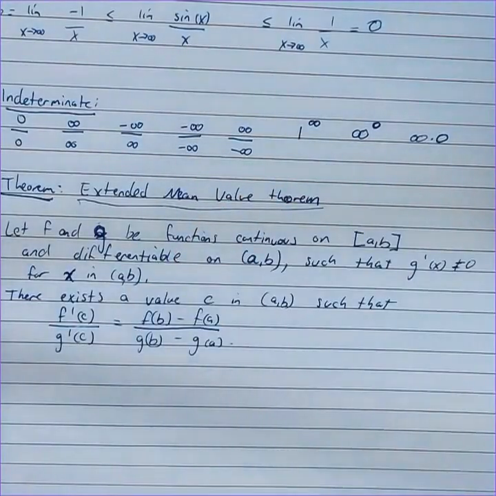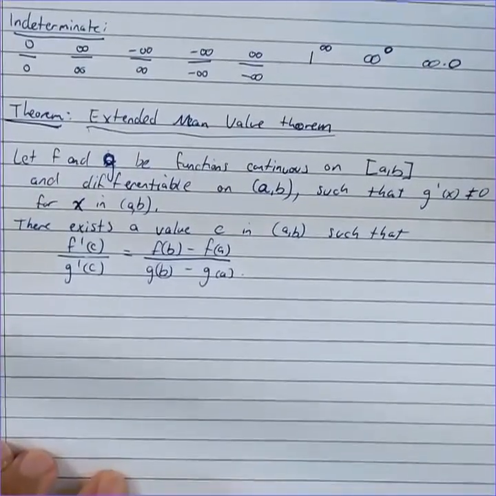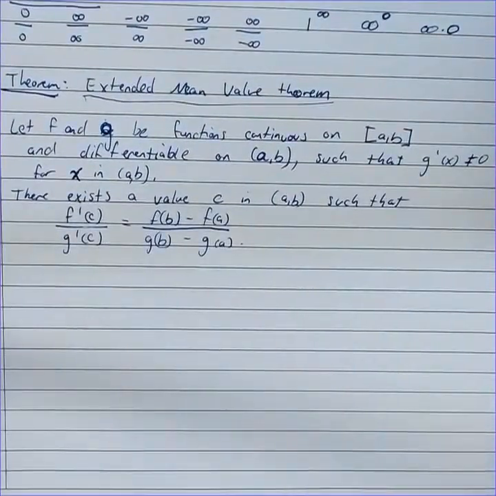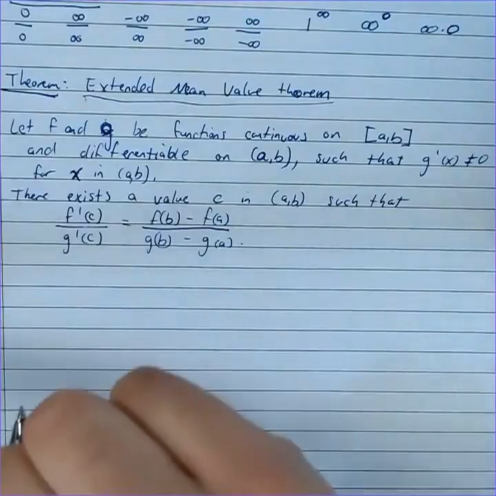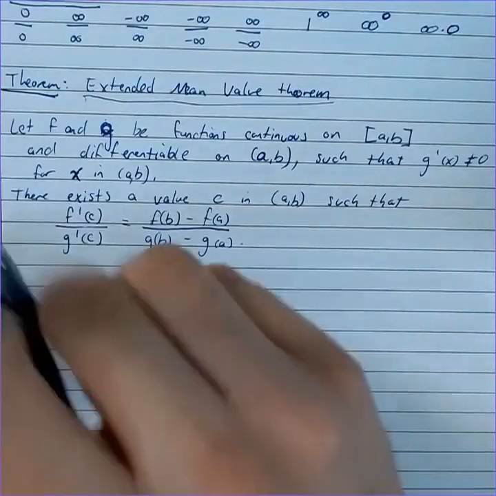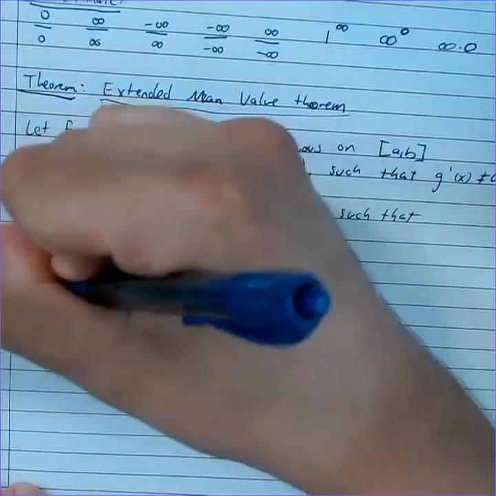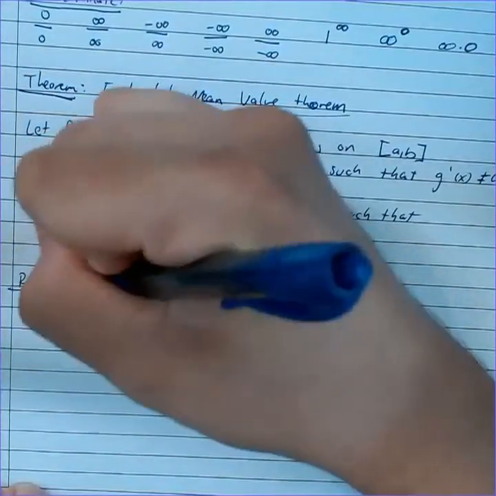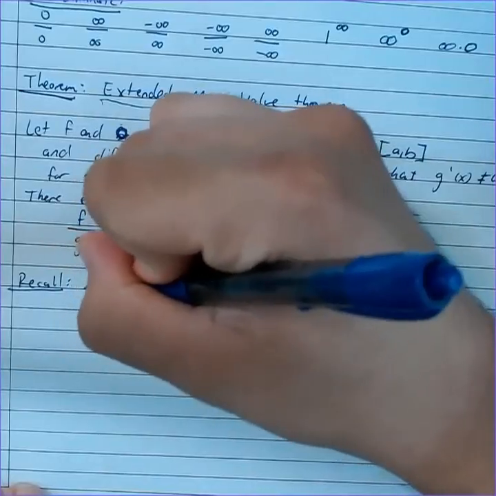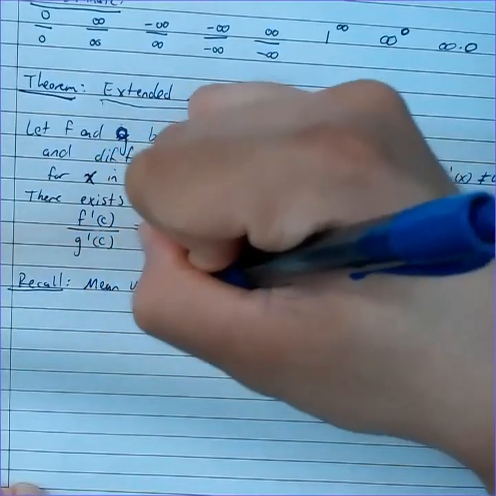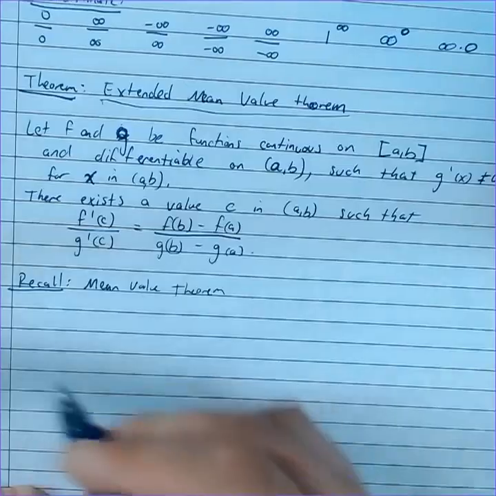Just like that. Okay. Let's remind ourselves of just what the regular mean value theorem said. Here I'm not going to write out the theorem. Let's just go ahead and give a quick illustration. Recall, the regular mean value theorem said this.